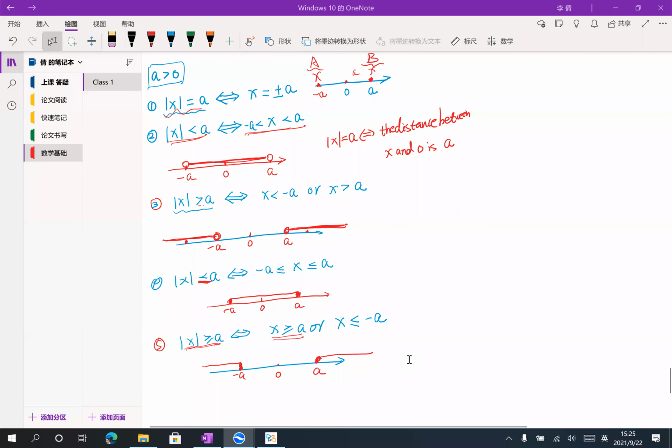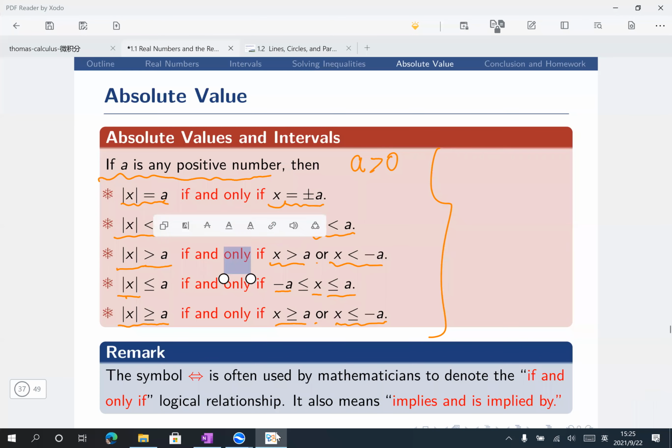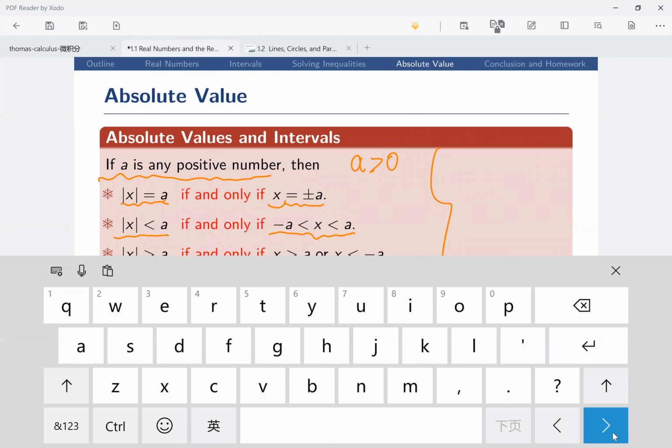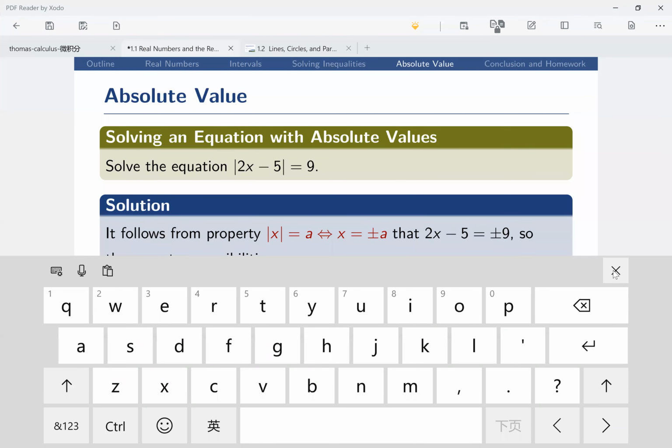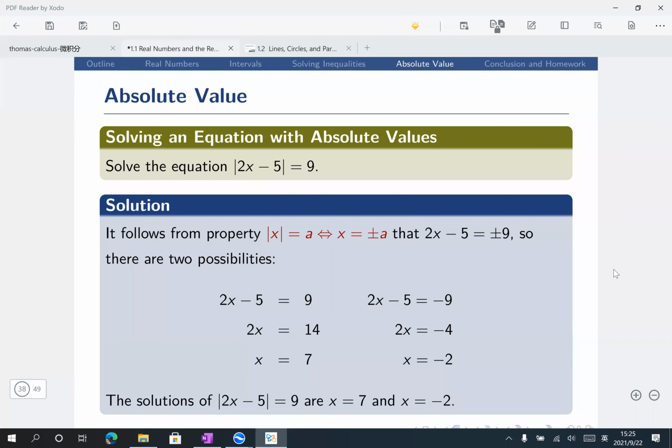Okay, let's see some examples. You may understand this. Let's see the first example: solving an equation with an absolute value. We solve this: the absolute value of 2x minus 5 is equal to 9.